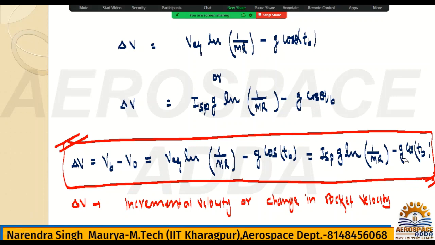Please correct this. It should be G cos theta, because TB is the burning time, not theta. G cos theta. All right.